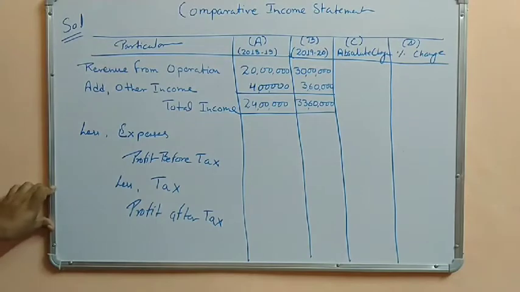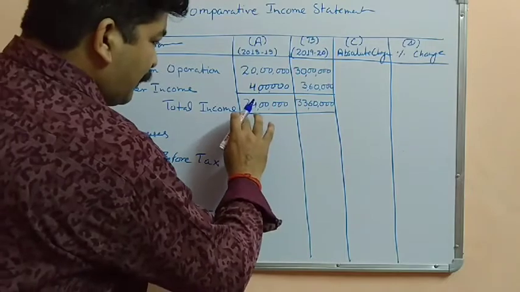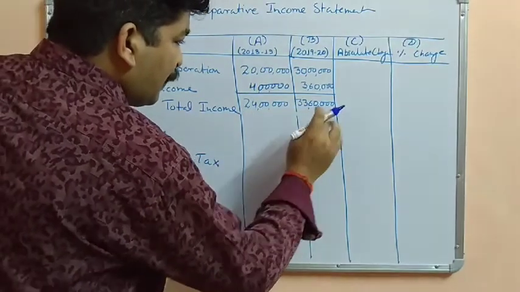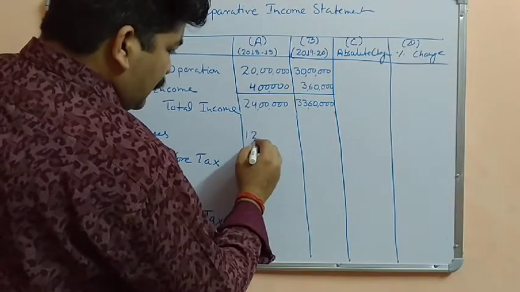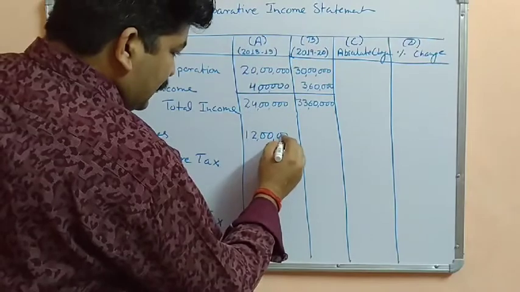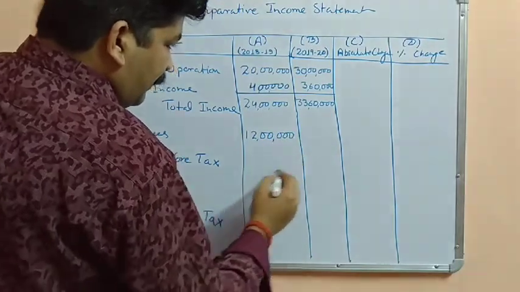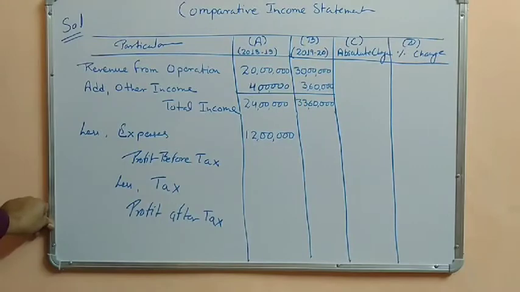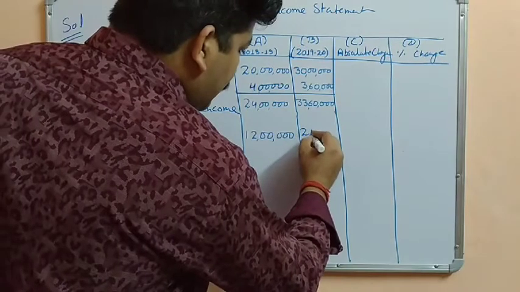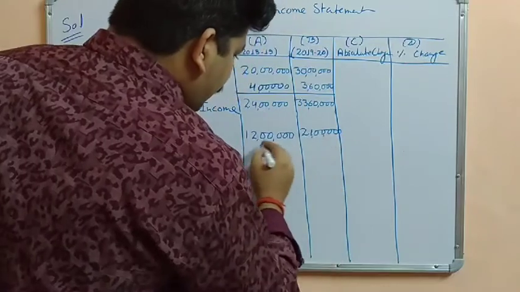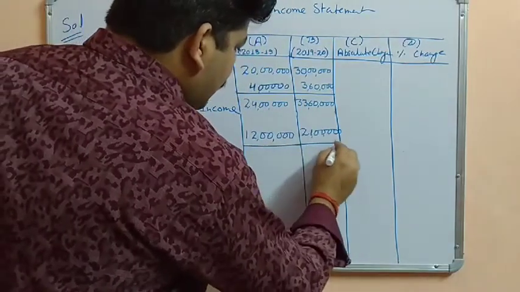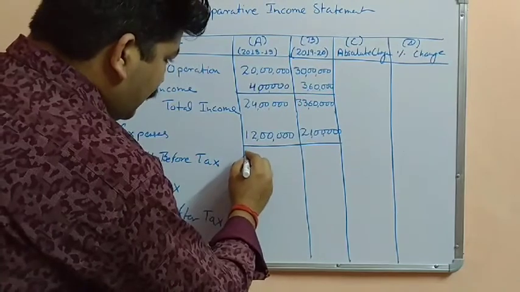Okay. Then expenses. Here expenses, ₹12 lakh and 21 lakh. We will subtract it, you will get profit before tax.